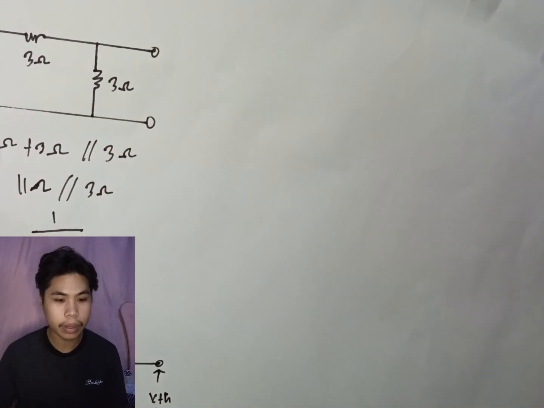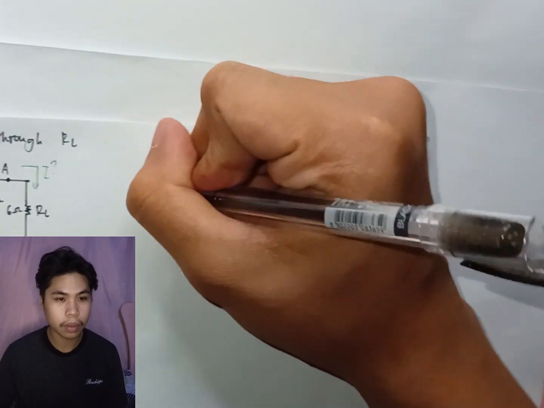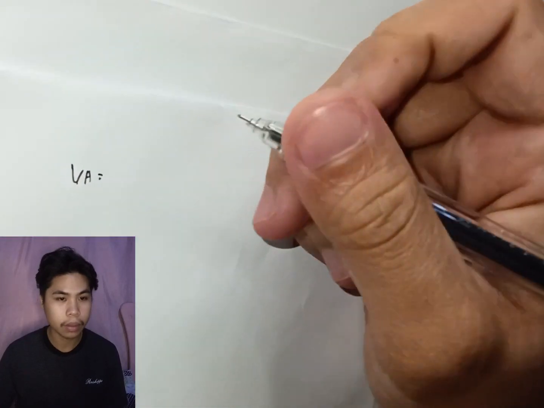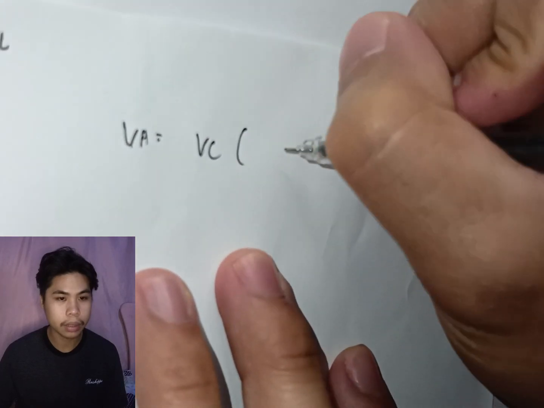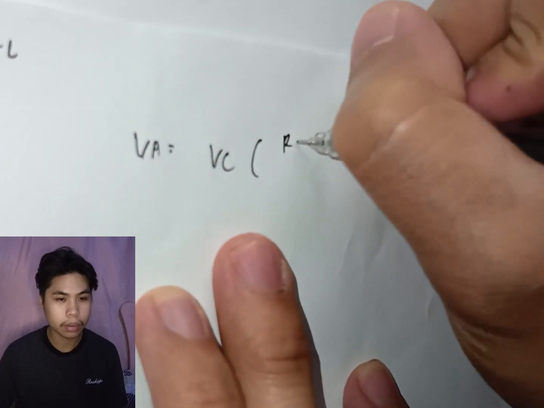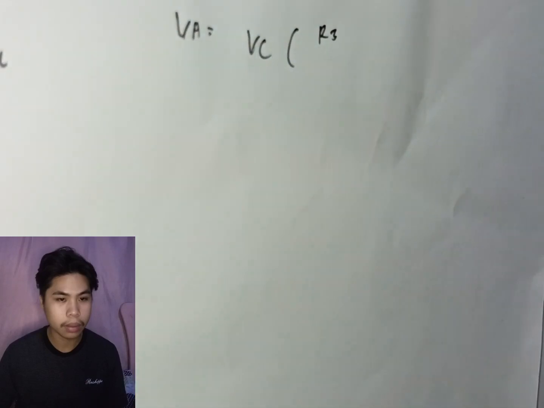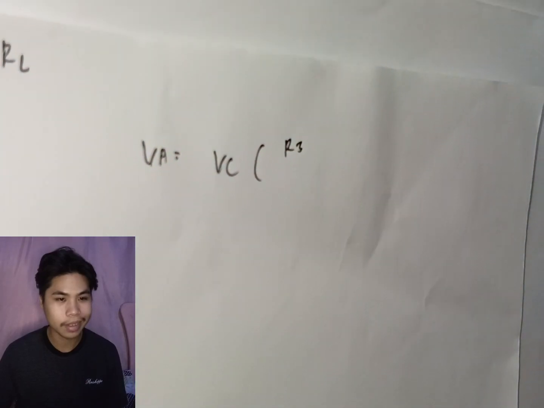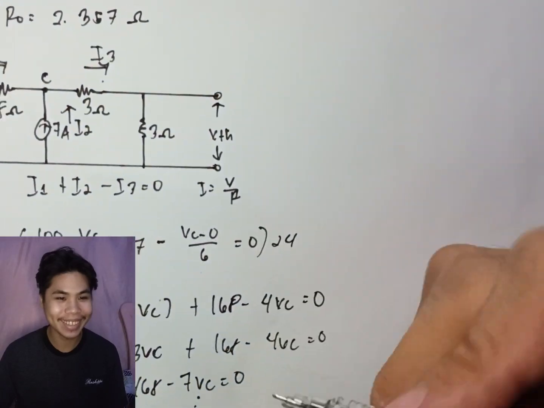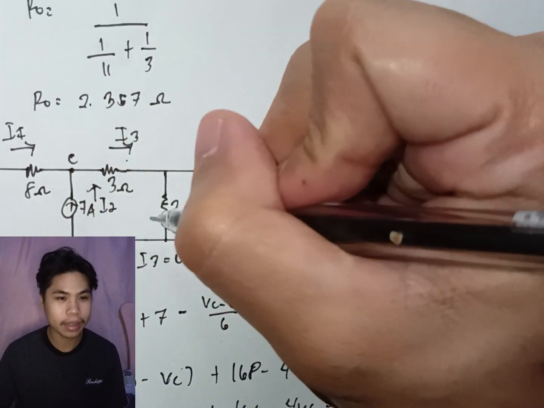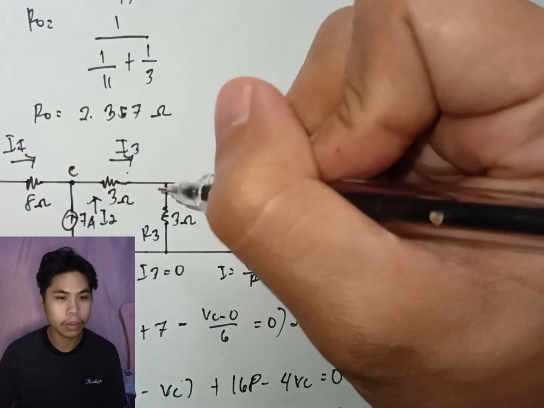So yung VA is equal to VC multiplied by R3. Wait lang pala. Let's consider this as R3 and this as R2.